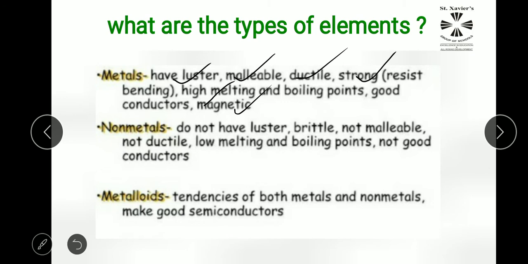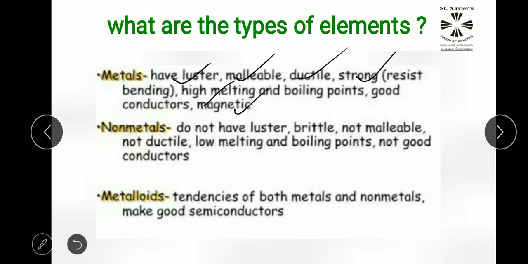So these are the properties. A few exceptional cases are there, but we are talking about most of the properties, 90% cases. Otherwise we will say there are few examples which do not have the same properties. So exceptional cases we are not talking about here. We'll talk about the major properties of metal.